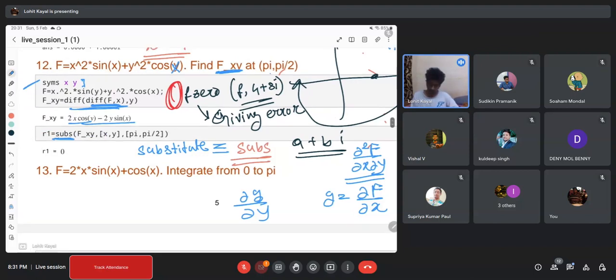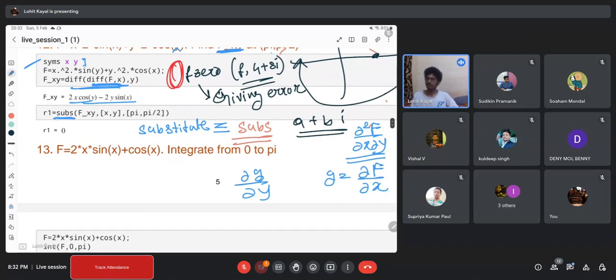Simple. In place of x, I will put pi. In place of y, I am putting pi by 2. Now, if you have a single variable, then it is very easy, x comma pi. But here you have multiple variables, so you have to put it inside third bracket, and this is the syntax for that, and you will get the final answer 0. All right. I hope this is clear.